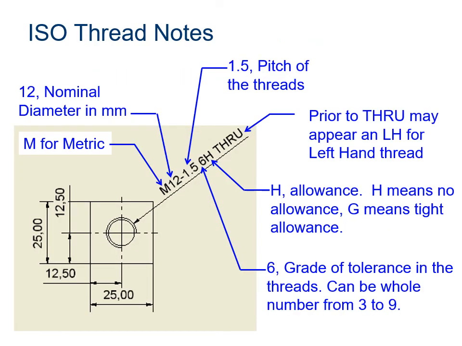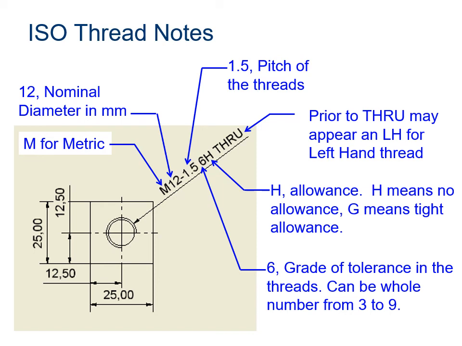For the metric system, we have M for metric, and then we have the diameter of the hole that's being tapped in millimeters. Then the 1.5 is the pitch of the threads. And then we have some additional information. The grade of tolerance refers to the quality of manufacture, so the amount of space that's allowed between the bolt that's being threaded in and the threads themselves that are tapped.